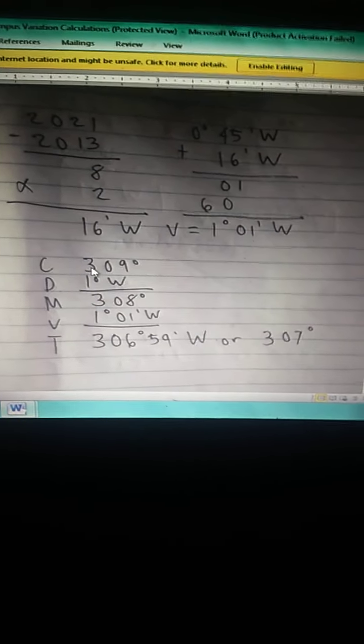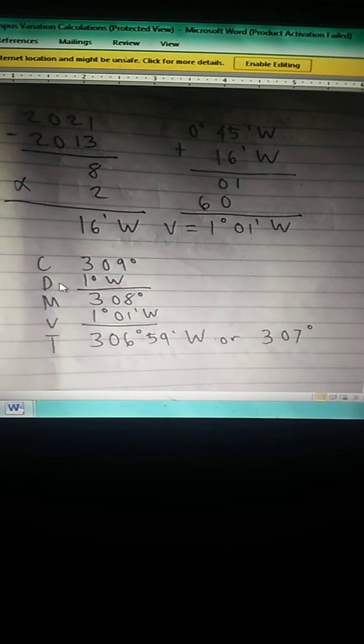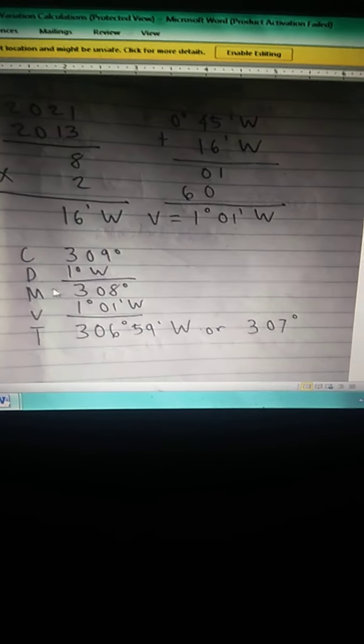And the next, how do we get our true course? We need to find it with this formula. CDMVT stands for course, deviation, magnetic, variation, and true course. So our compass bearing is 309 degrees and our deviation is 1 degree west.